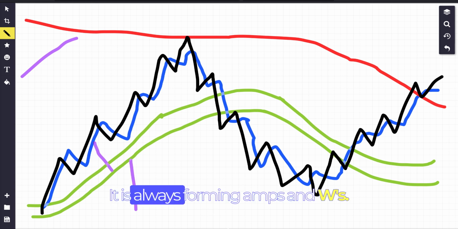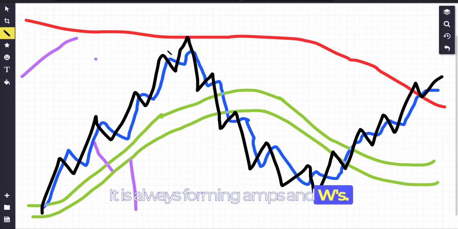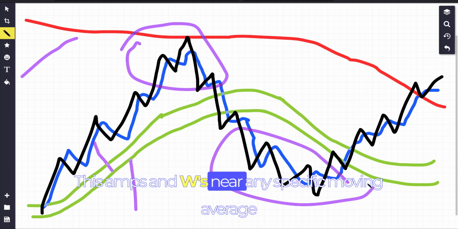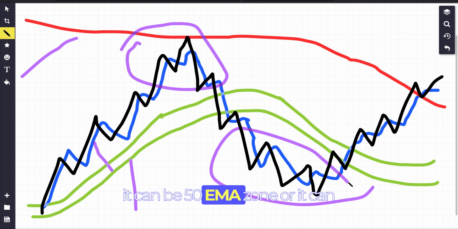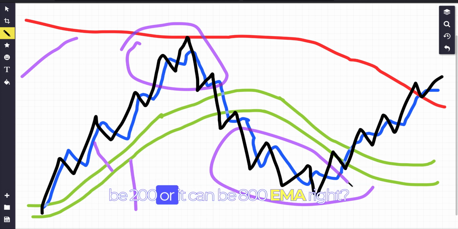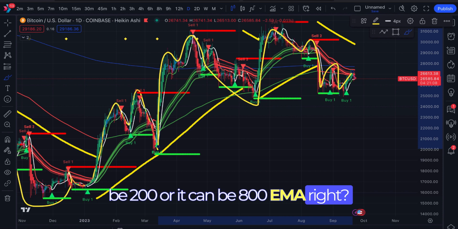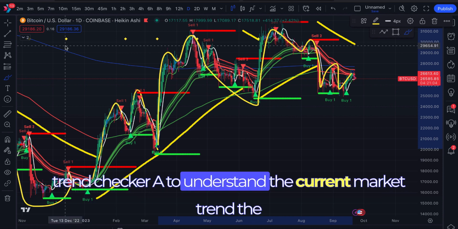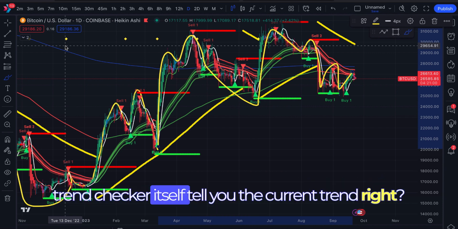It is always forming M's and W's near any specific moving average. It can be the 50 EMA zone, or it can be the 200, or it can be the 800 EMA, right? So that is why we use those EMAs in TrendChecker A to understand the current market trend. The TrendChecker itself tells you the current trend, right?